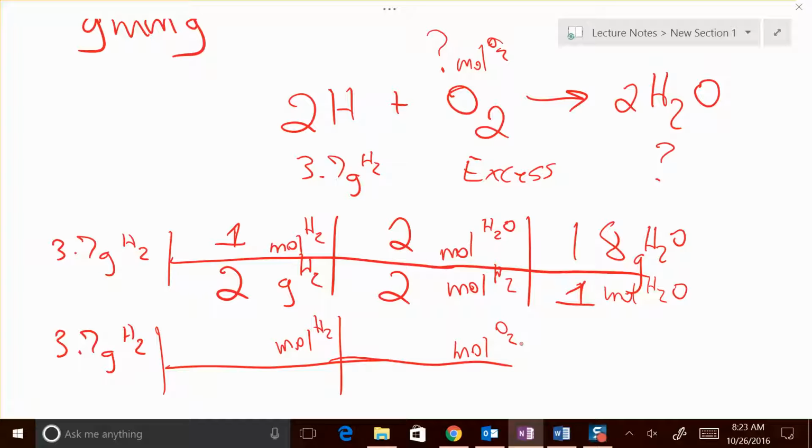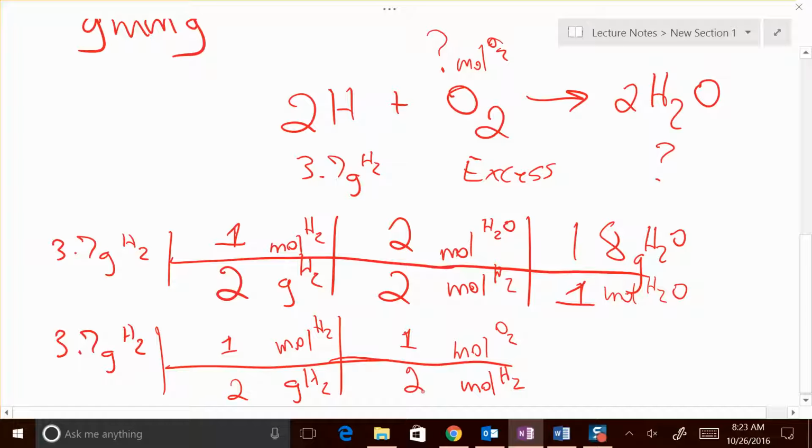I stop here because that answers the question. How many moles of O2? I stop. Okay? So, grams of H2, moles of H2. So, grams of moles, moles are 1, grams are 2. Moles, what are the numbers I'm going to put here for this relationship? 1 over 2. Those are my coefficients. Okay? So 3.7 divided by 4. That's what I'm going to get here.